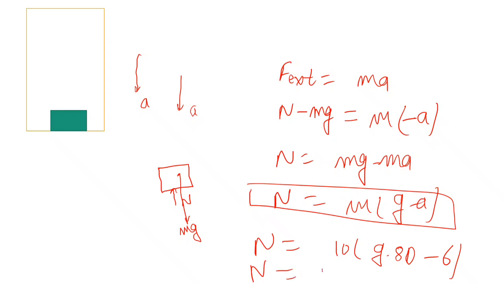So N equals 10 times (9.8 minus 6), which is 3.8, and 10 times 3.8 equals 38 newtons. So in the second situation, when the elevator is moving in the downward direction, we will see some more cases also. In the third case, we take the same values of m, and in the second case N is this.